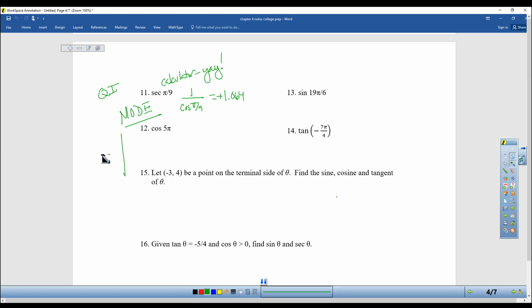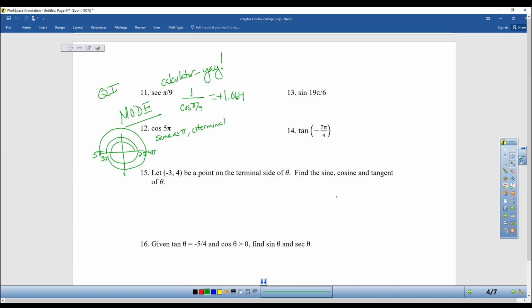So cosine of 5 pi. So there's 1 pi, 2 pi, 3 pi, 4 pi, and 5 pi. So 5 pi is the same as pi, and we call that coterminal.